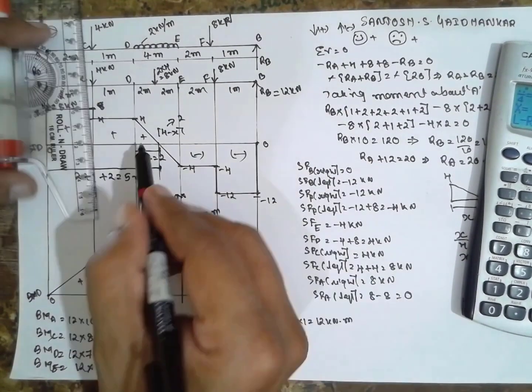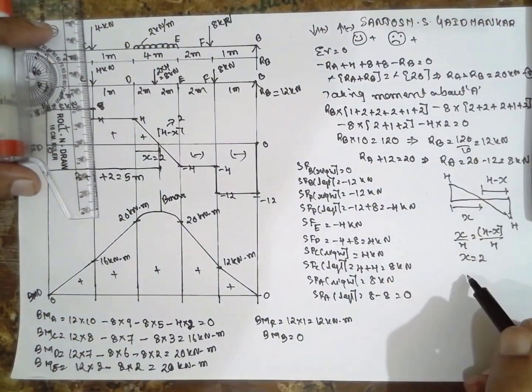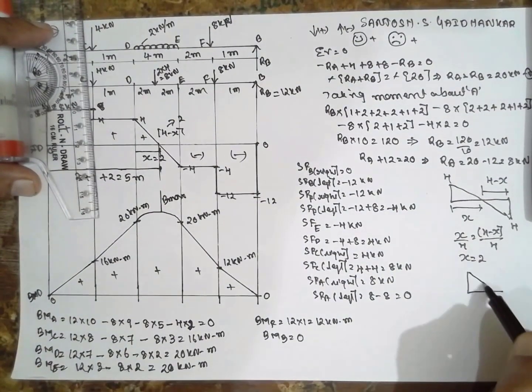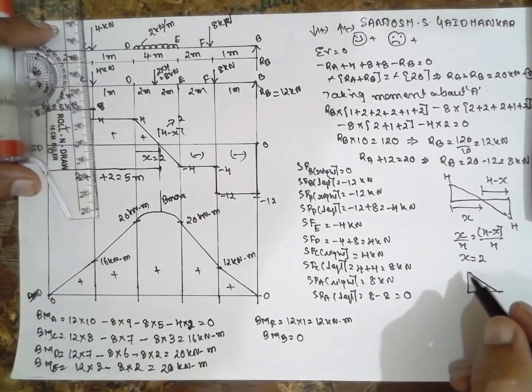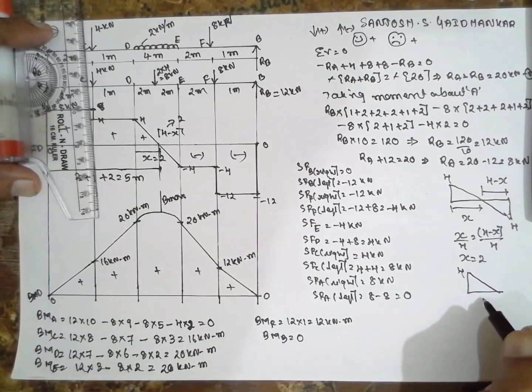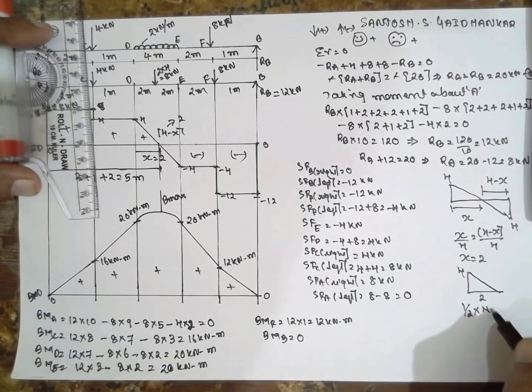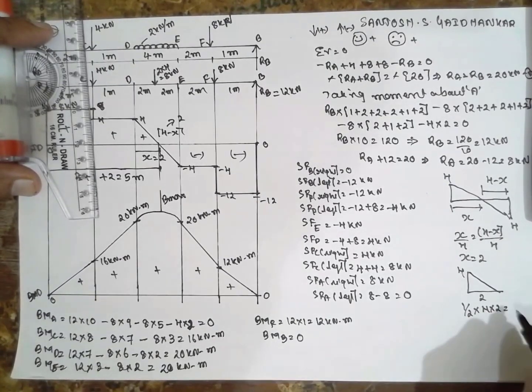How to find out B max? You have to find the area of the triangle. This is 4 and this will be 2. 1 by 2 into 4 into 2, you will get the area of triangle, that is 4.